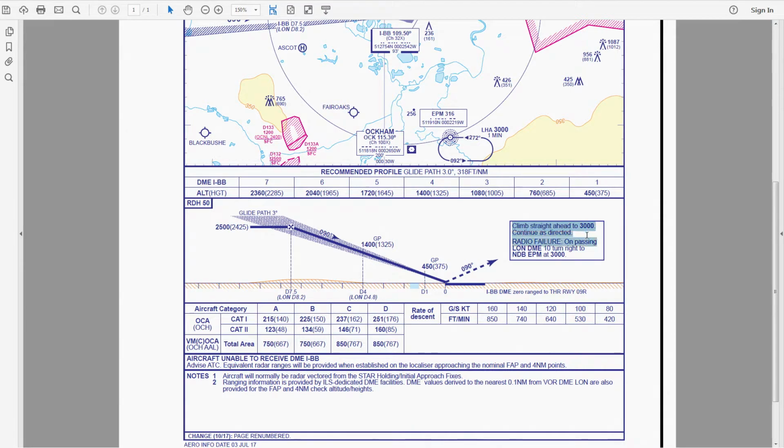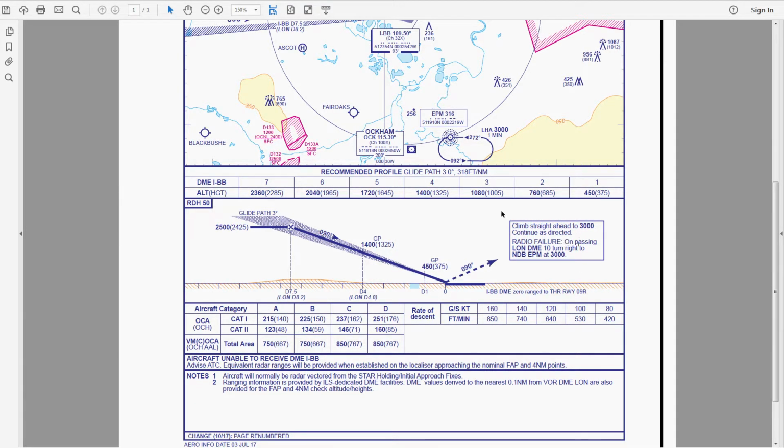Now, to look at the last bit, this part here, what is this? That is a missed approach procedure. So if you miss this, all you do is climb straight ahead to 3,000 feet and then continue as directed. ATC will tell you where to go. In the event of a radio failure, you need to do exactly what you're doing here: climb straight ahead to 3,000 feet.